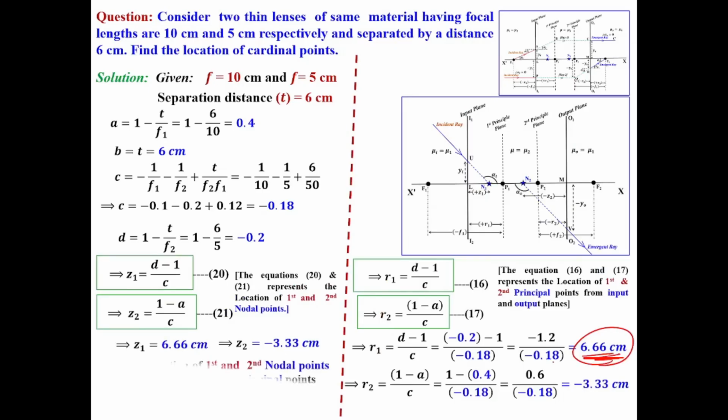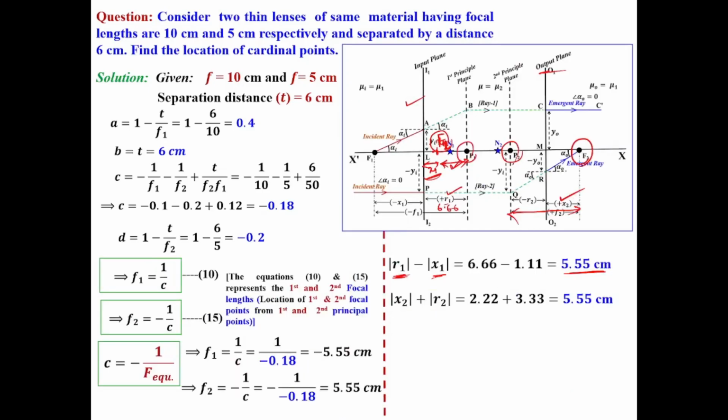R2 we found negative, minus 3.33. That means P2 is present to the left of the output plane. So this length is nothing but x2 magnitude plus R2 magnitude. The x2 magnitude is 2.22 plus the R2 magnitude 3.33. If I add them together, we find the same answer, this one and this one. So whatever we have calculated is correct.